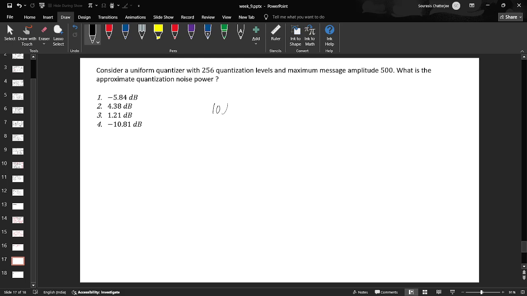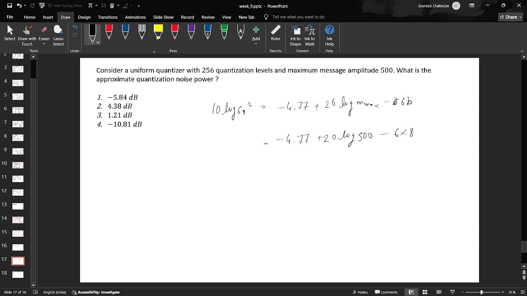So 10 log sigma q square is minus 4.77 plus 20 log m max, minus 6b. That is minus 4.77 plus 20 log 500 minus 6 times 8, since 256 quantization levels means the number of bits required is 8.